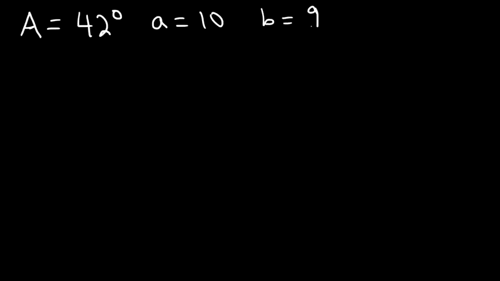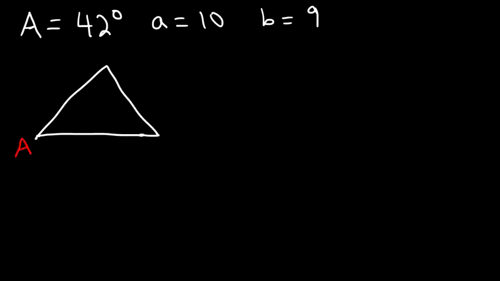Now let's try another example. Let's say angle A is 42 degrees, side A is 10, and side B is 9. Feel free to pause the video and solve the triangle. Once again, let's draw the picture first.